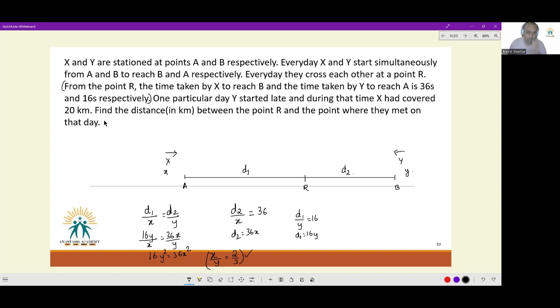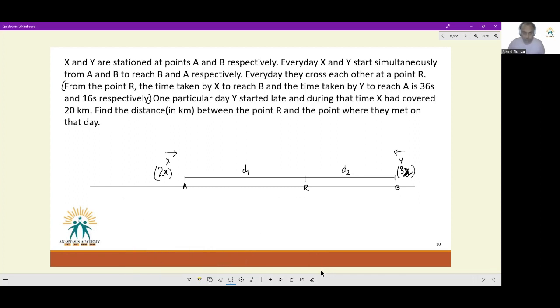The ratio of speeds of x and y should be instantly known as 2:3. So the speed here is 2x, the speed here is 3x. Okay, this working should be known, or the expectation is you would know this working because we have studied time, speed, distance.